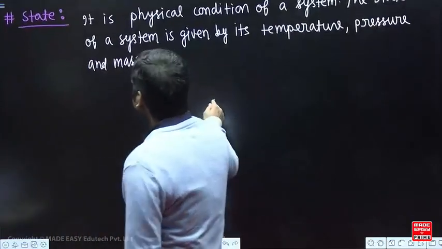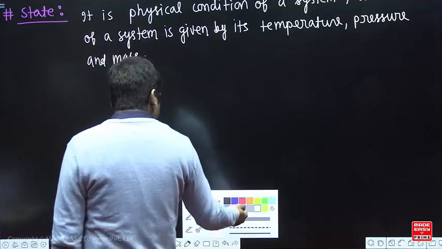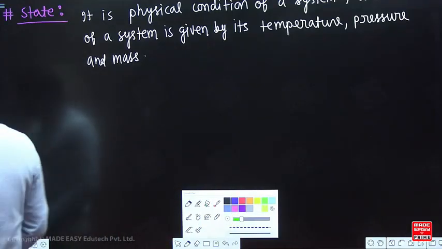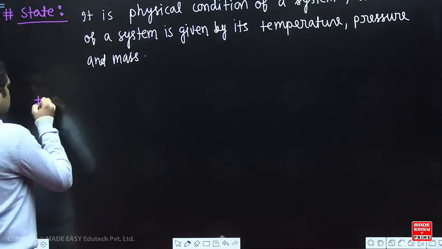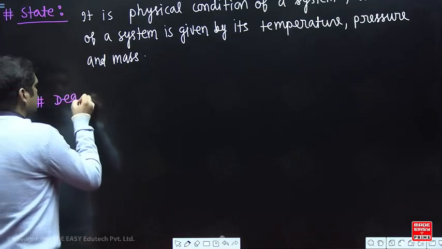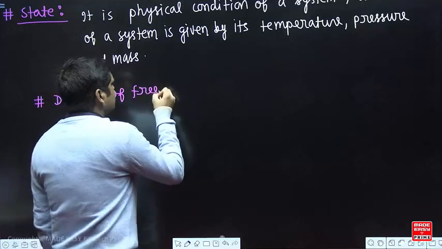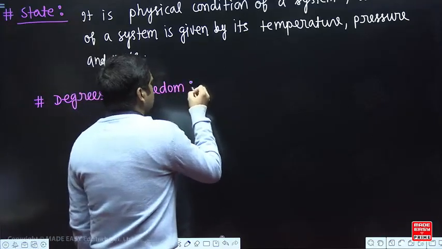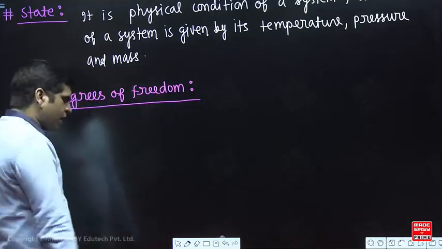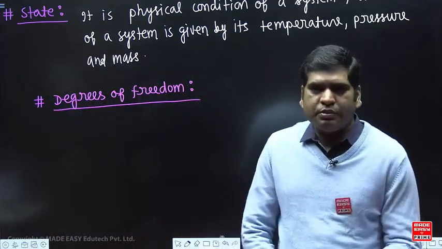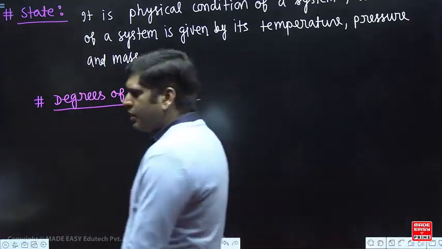State. After state, the next definition is degrees of freedom. Basically, these are the number of independent variables which are required to describe the state of a system. So there can be one variable, two variables, or three variables, whatever it may be.